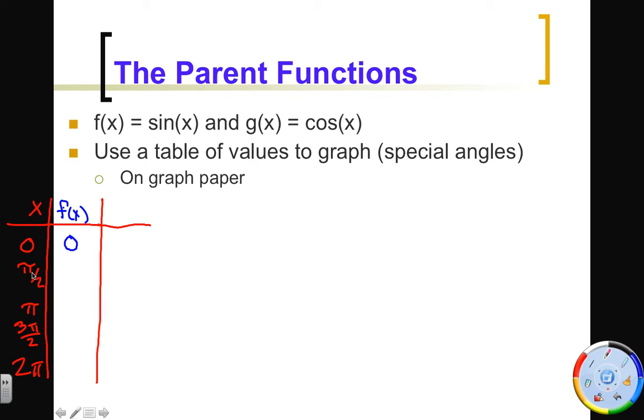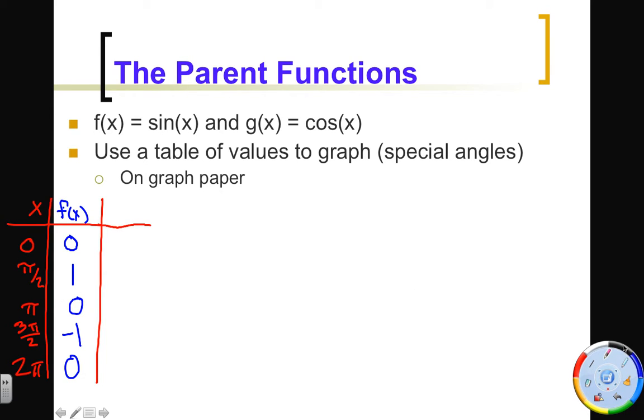Then the sine of pi halves is what? Y'all said 1, I heard it. Okay, so sine of pi halves is 1. Sine of pi is 0. Sine of 3 pi halves is -1. And sine of 2 pi is 0 because it's the same thing as the sine of 0.